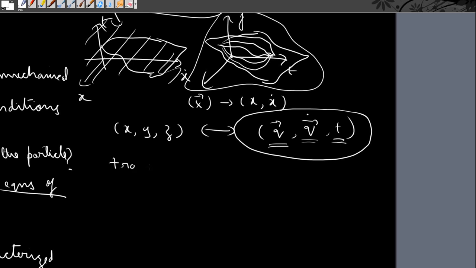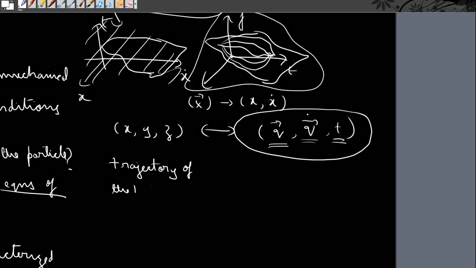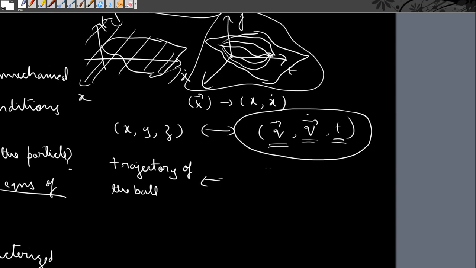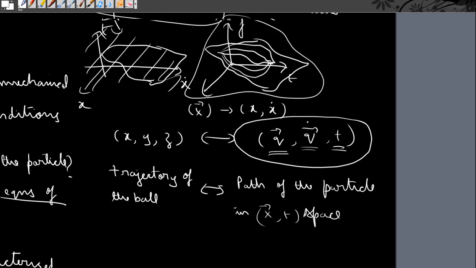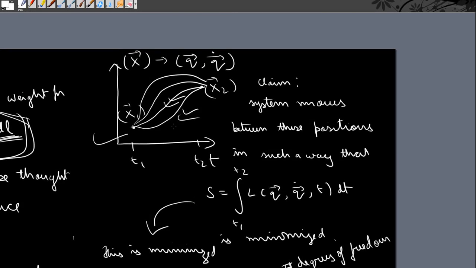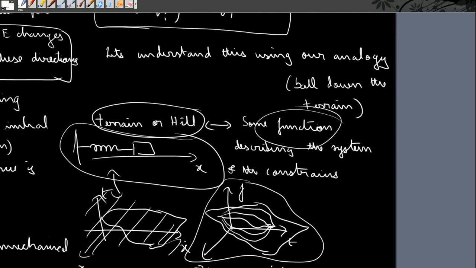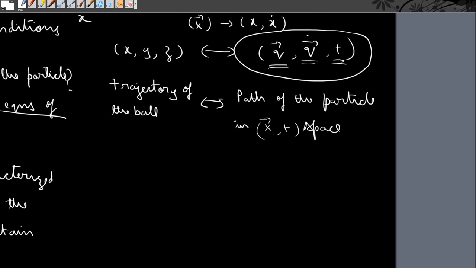Then the trajectory of the ball is analogous to the path of the particle in the xt space, which is this space. So that is our second analogy. I hope you understand what I mean by this.